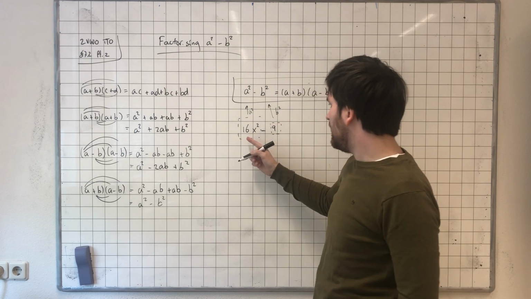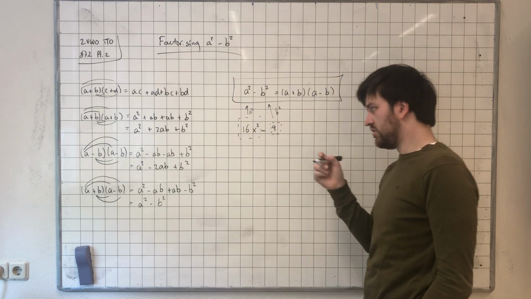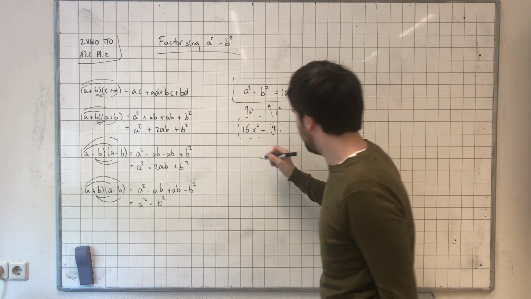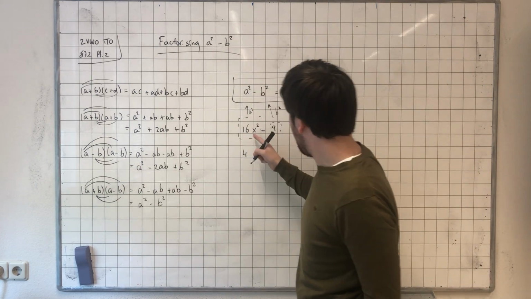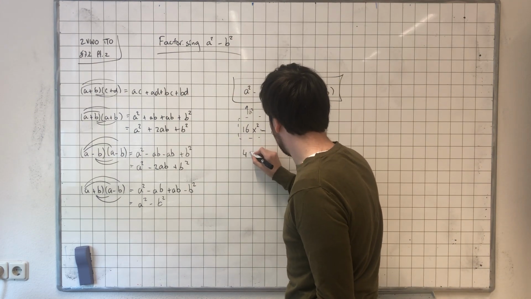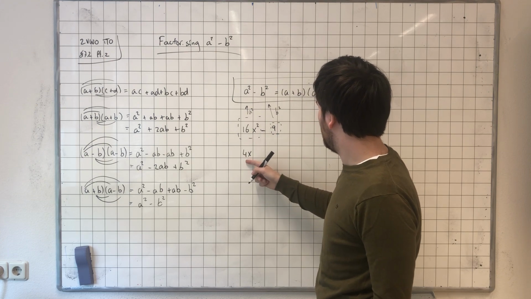So think about it. If A squared is 16x squared, we're trying to take the square root of 16, that's 4. And the square root of x squared is just x. So the A has to be 4x.